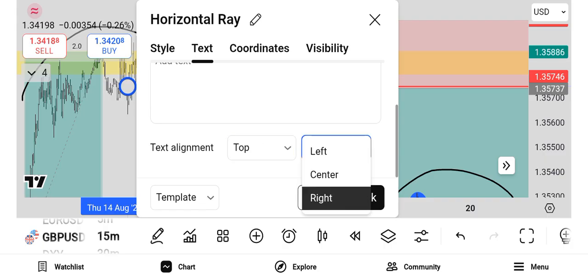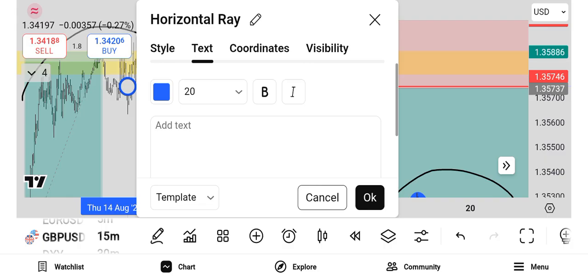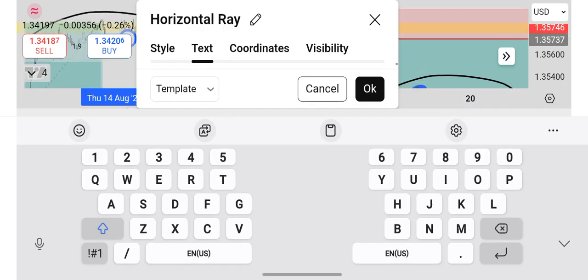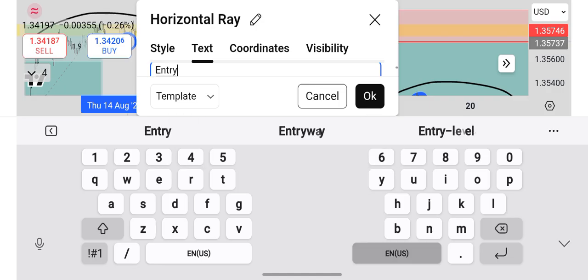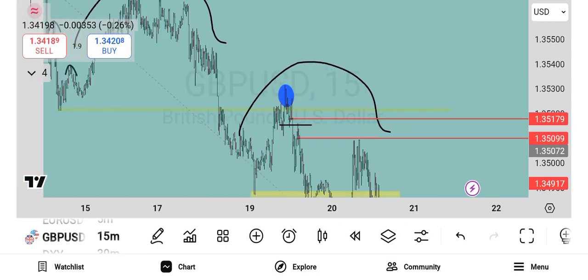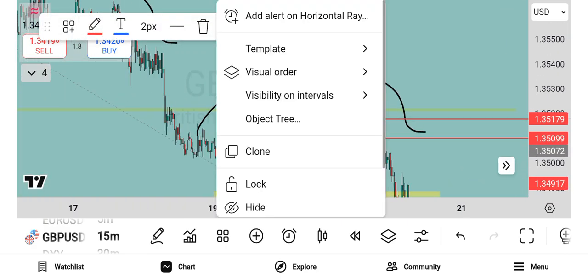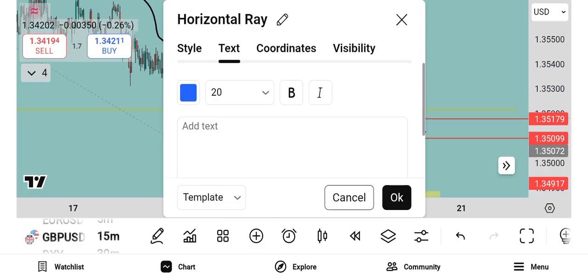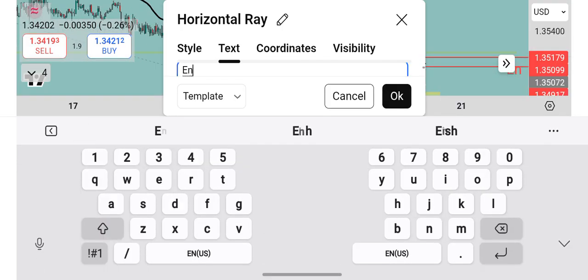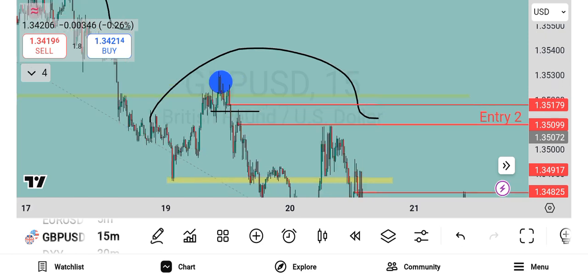Okay, let me do red. This is entry 1. And this is entry 2, guys.